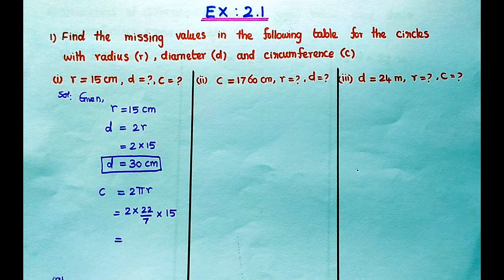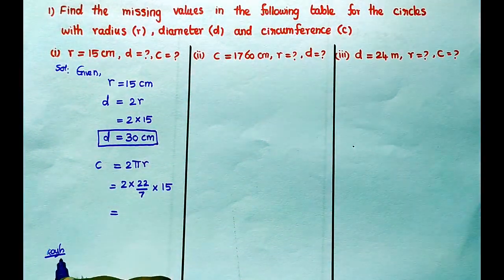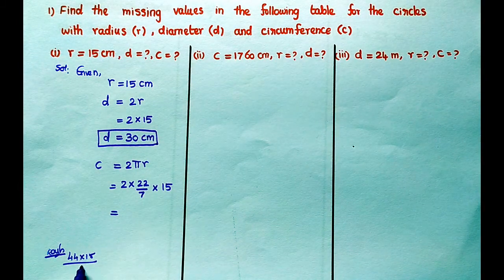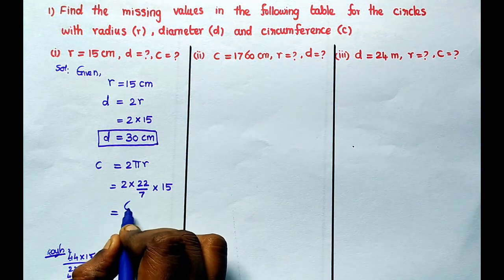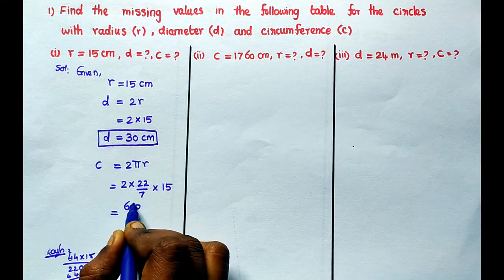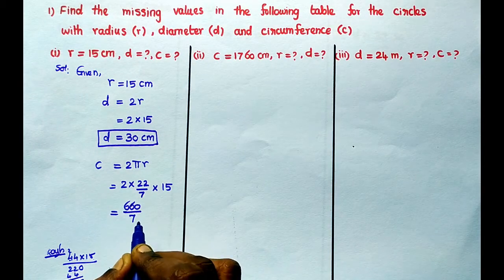Write down rough. 44 into 15: 5 4s are 20, and 44 ones are 44. So 660 divided by 7.